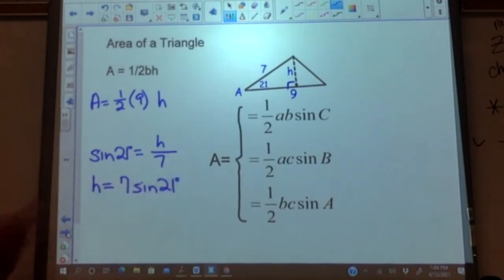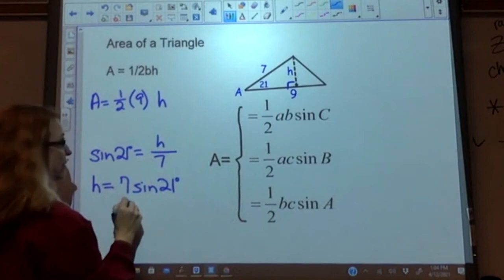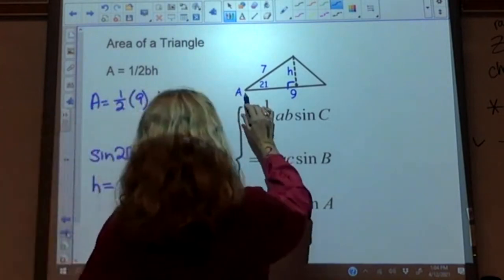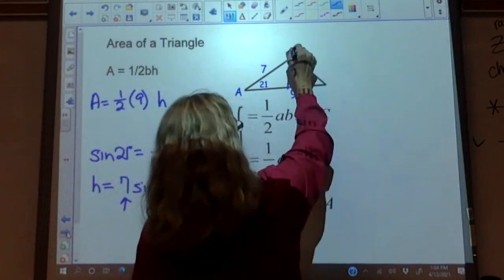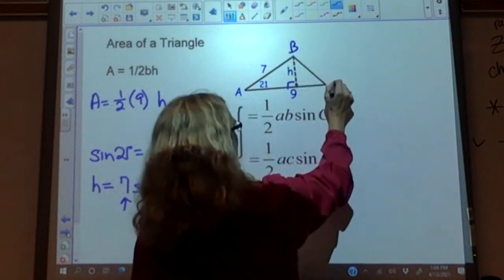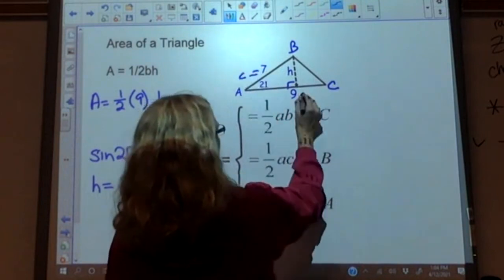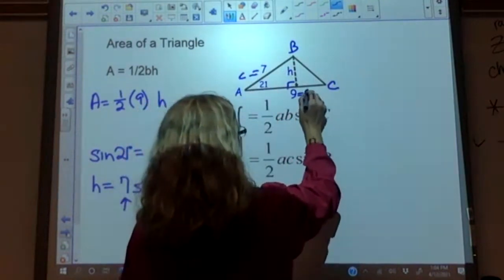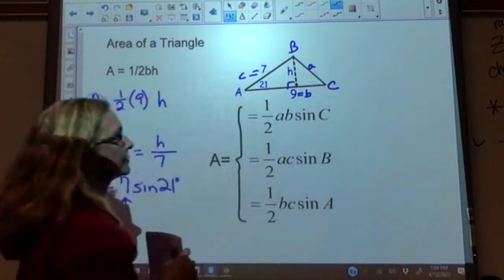But to show you where they came up with these formulas, in this problem right here, if I call this A, this B and this C, then 7 is side C, and 9 is side B, and this is side A over here.